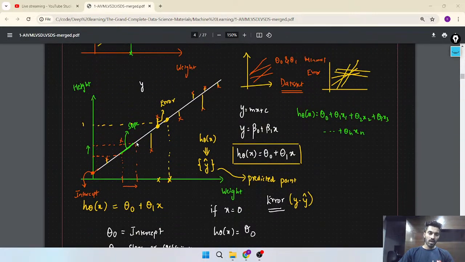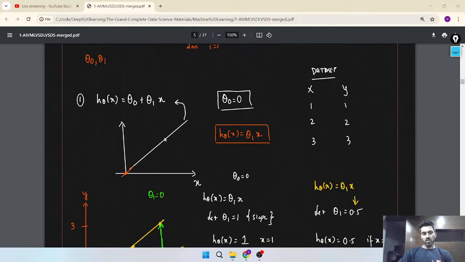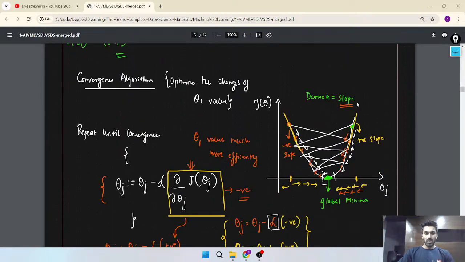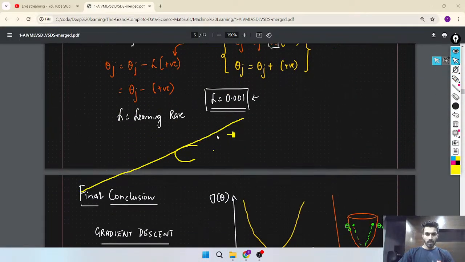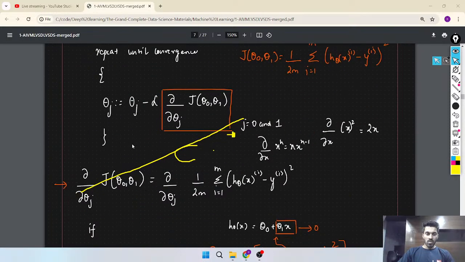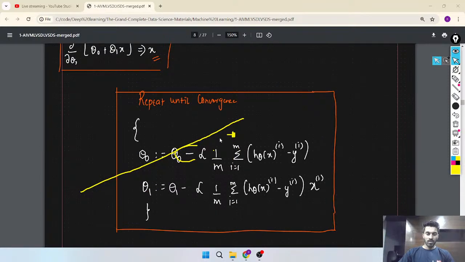Due to the impact of outliers, this is the cost function that we have used, which I have already told you, and this is the gradient descent function. Learning rate I have already told you, all of these things. See my previous lecture if you want to learn about these.